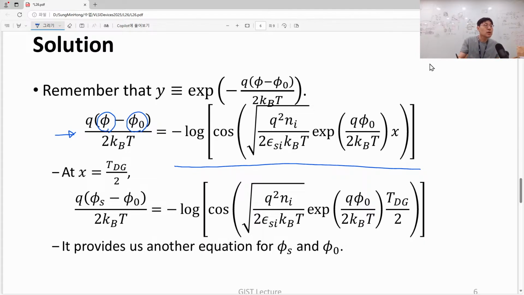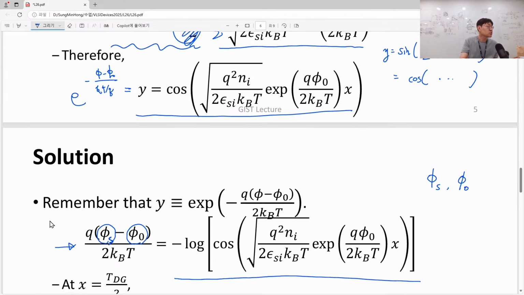And since we are interested in the relation between phi s and phi naught, we have to apply x equal to half of the thickness, so now this phi becomes phi s and x becomes half of our thickness. So now we have seemingly quite complicated, but we have another expression.